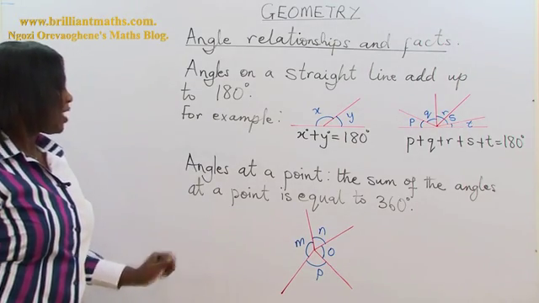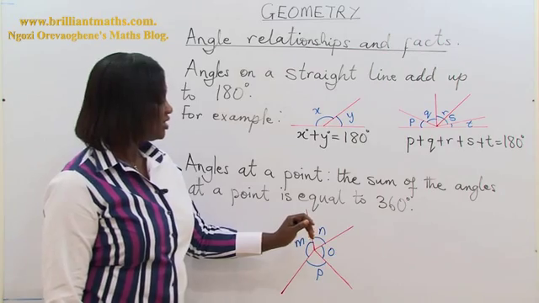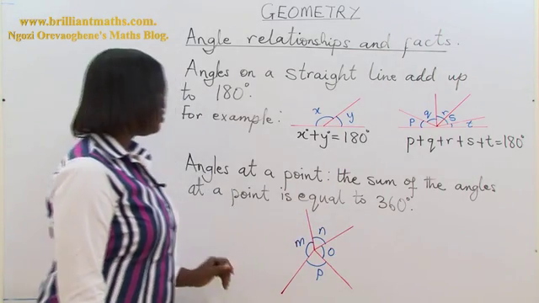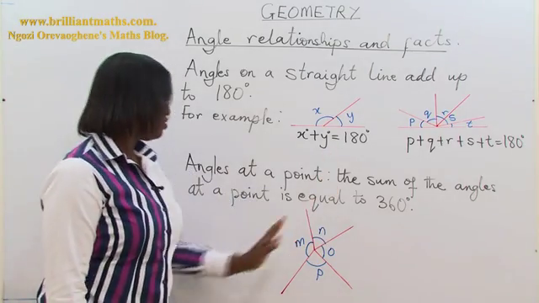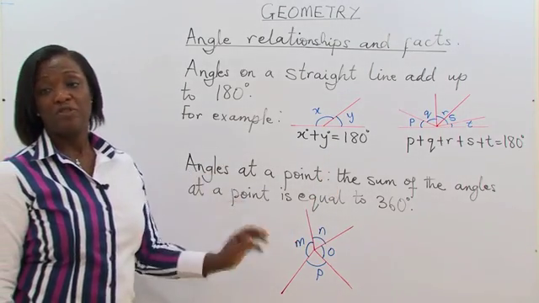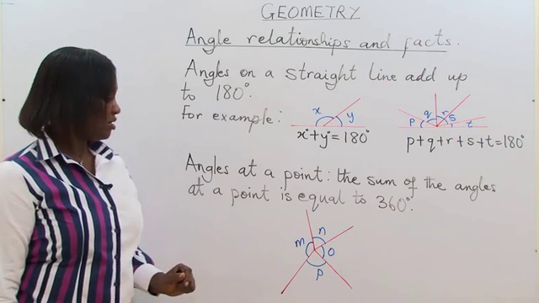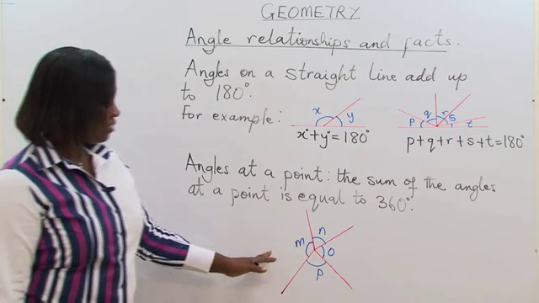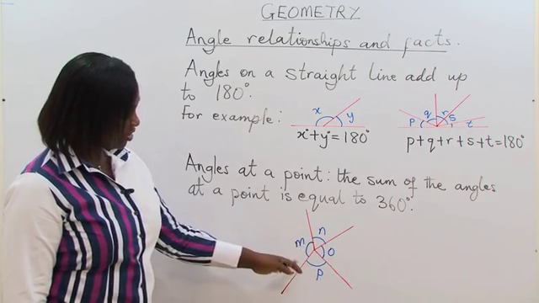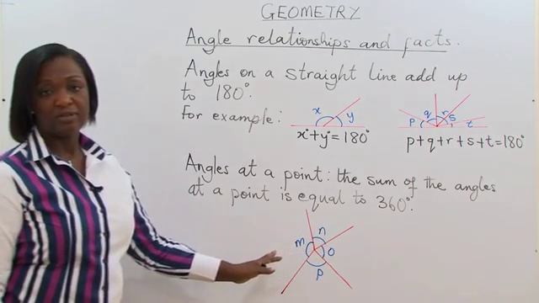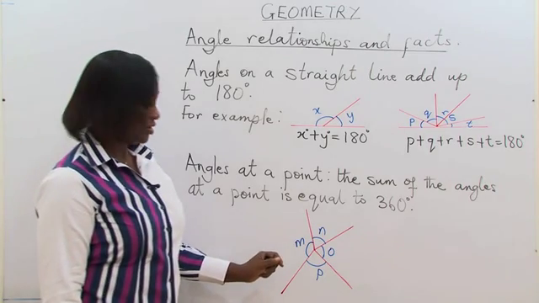Secondly, angles at a point sum up to 360. That means that the sum of the angles at a point is equal to 360 degrees. This is another example. It's a complete turn. That's a revolution, like we learned earlier on.